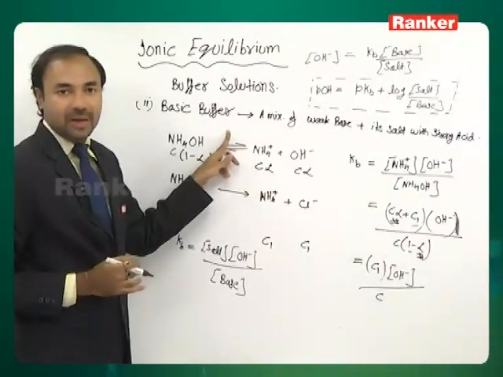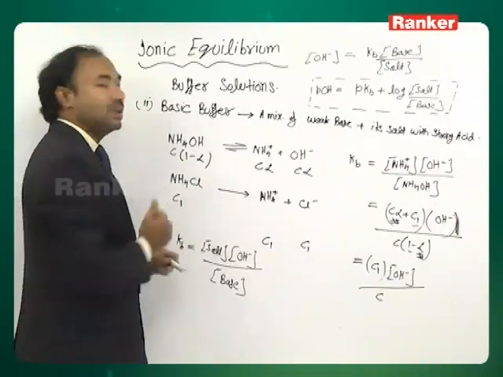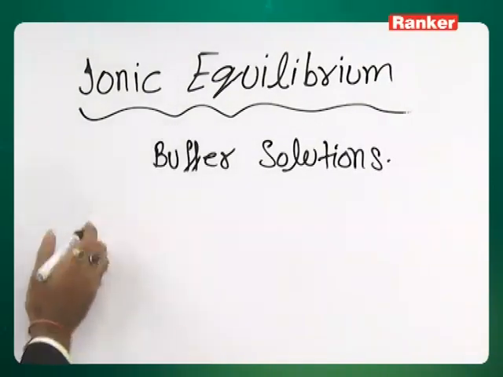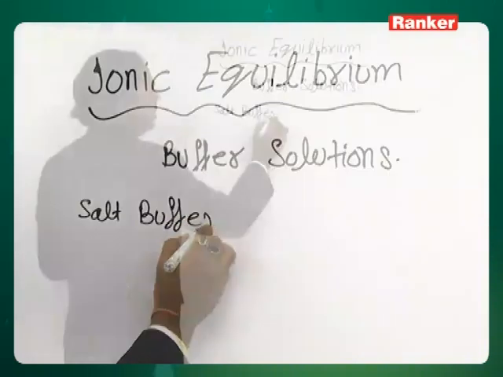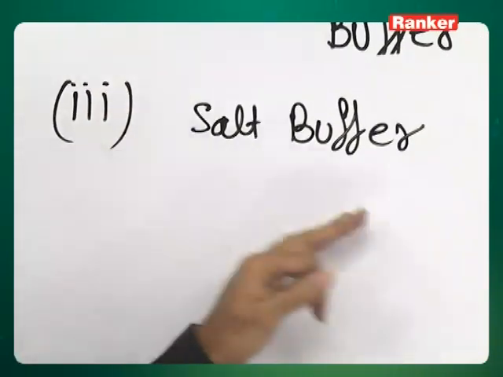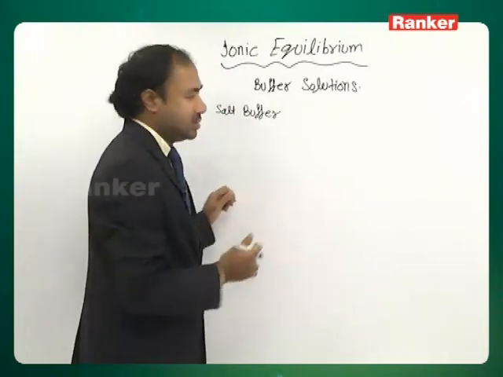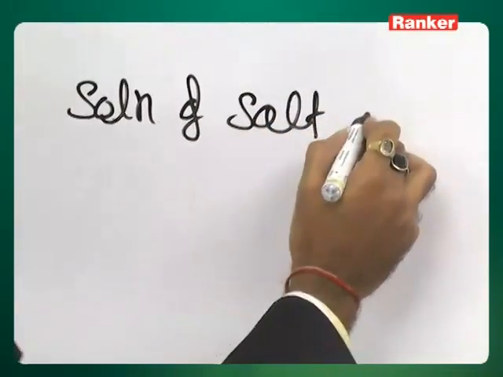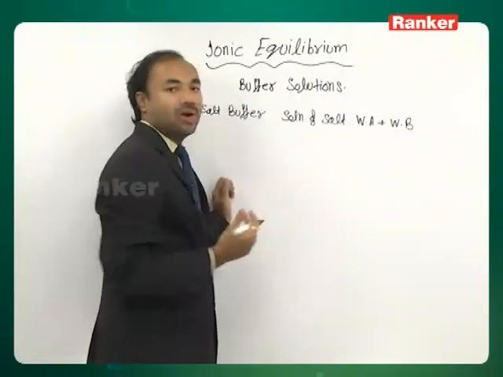Basic buffer solutions. The third type of buffers which we have here are called neutral buffers, or better to call them salt buffer. We are going to discuss now salt buffer, this is the third category which we are discussing. First was acidic, second was basic, this is salt buffer here. A solution of a salt of weak acid and weak base behaves as a salt buffer.